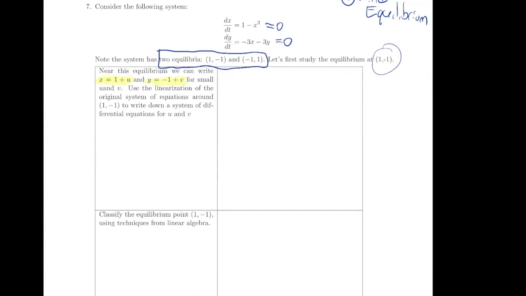What you can think about these u's and v's is that they're like a dx and a dy: how far am I deviating from the equilibrium in the x direction? That's what u is saying. And how far am I deviating in the y direction from minus 1? That's what v is saying. So you should think about u and v as being really, really small numbers.